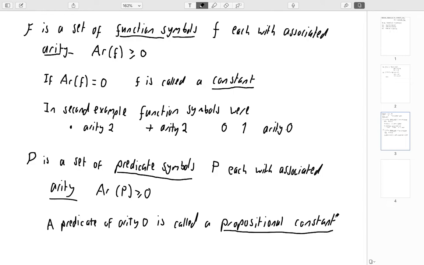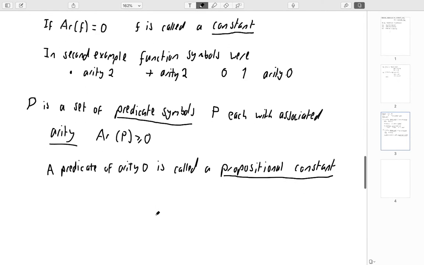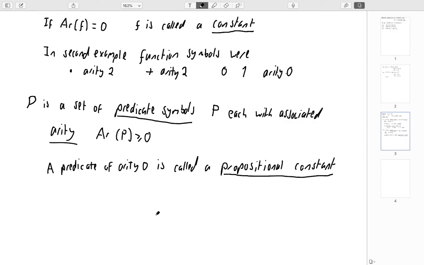And in predicate logic, the propositional constants are basically just the same things as propositional atoms from propositional logic. So we had plenty of predicate symbols in the two examples we looked at.